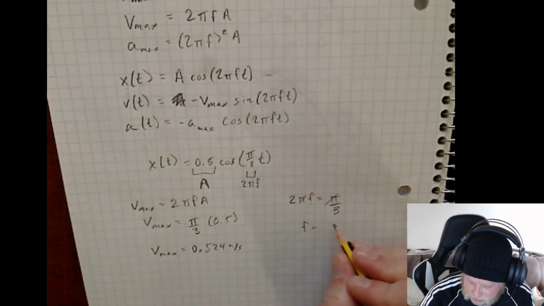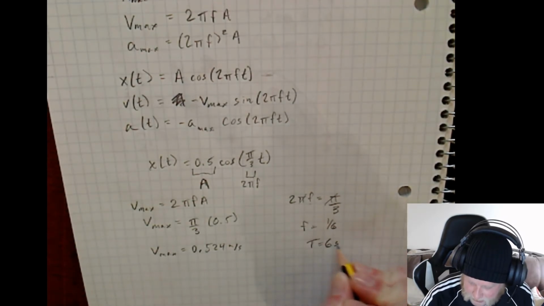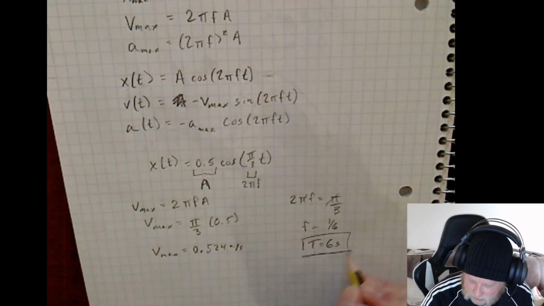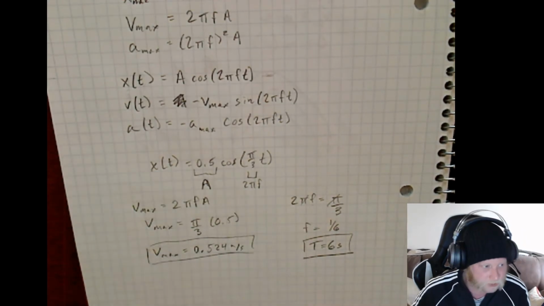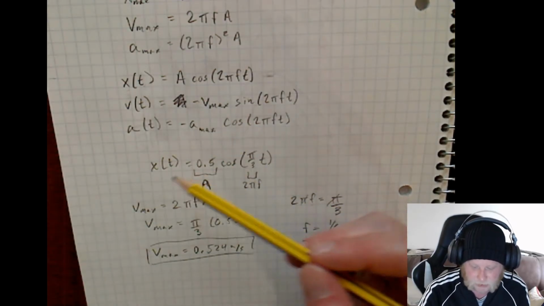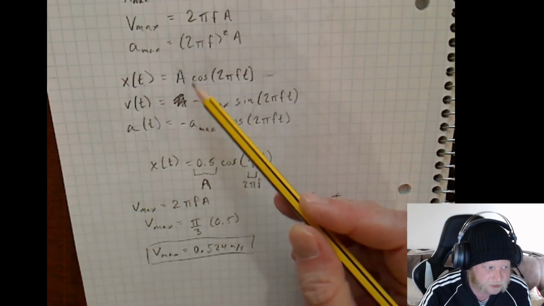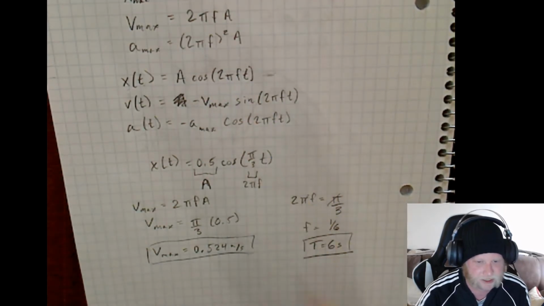Frequency is equal to 1 over 6, which means that your period is 6 seconds. So again, the key is looking at that function that they give you in terms of what is A represented by in there and what is your 2 pi f represented by in there.